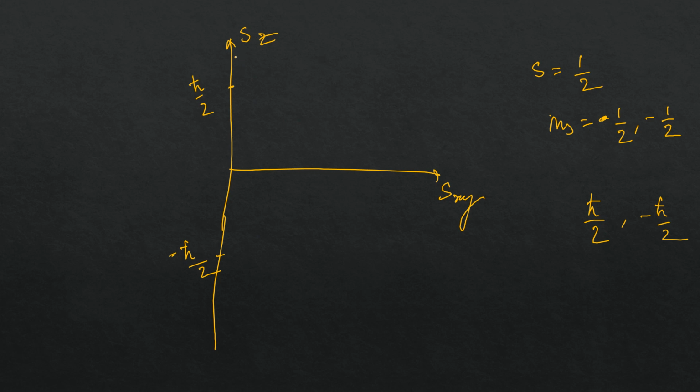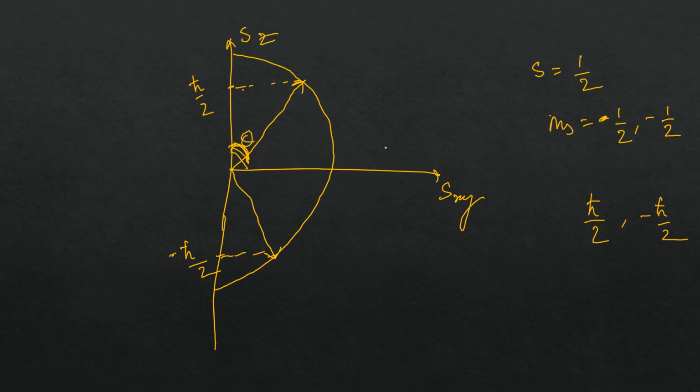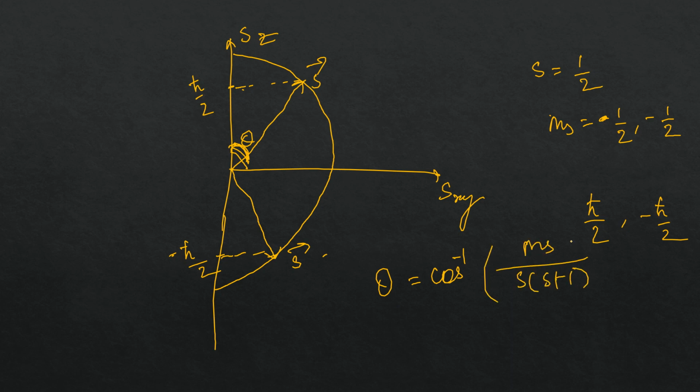If I draw a semicircle, it's actually this vector. After that, I will join this. It will do precession. So this is your theta, this is the s vector. Theta here will be cos inverse of ms by root of s into (s plus 1). That is your representation of spin.